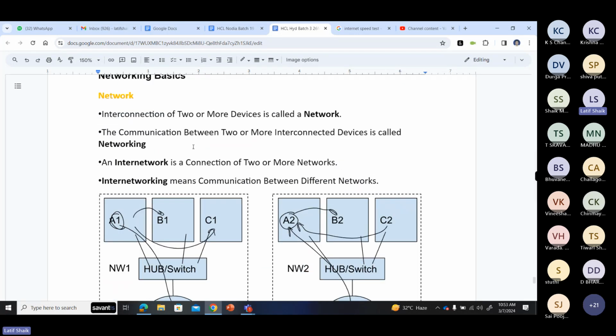Interconnection of two or more devices is called a network.